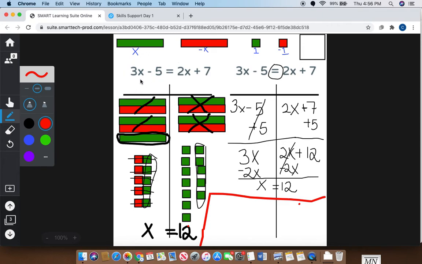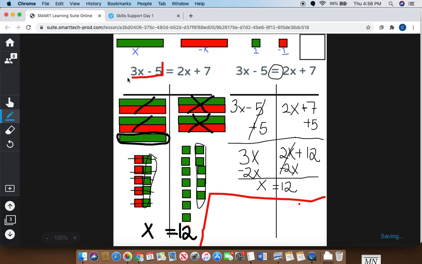What's on the left is equal to what's on the right. So the left here, we have 3x minus 5. But now we know what x is. Instead of 3 times x, it's now 3 times 12. Now I'm going to use parentheses as my multiplication symbol, minus 5.